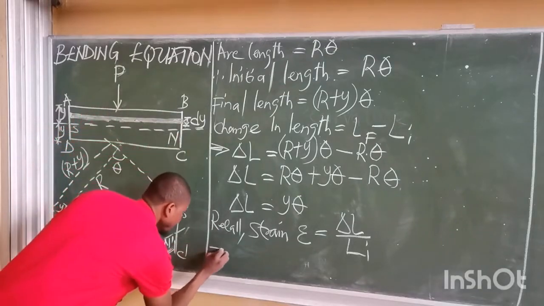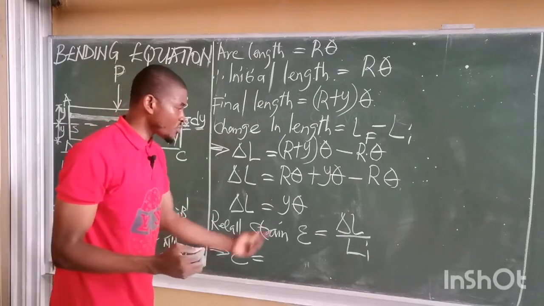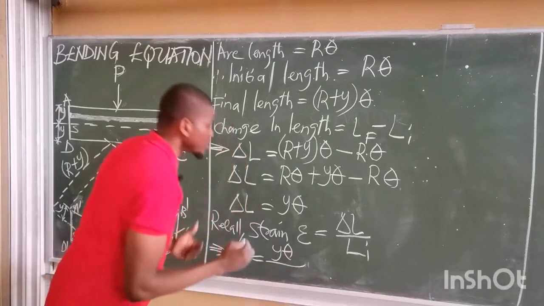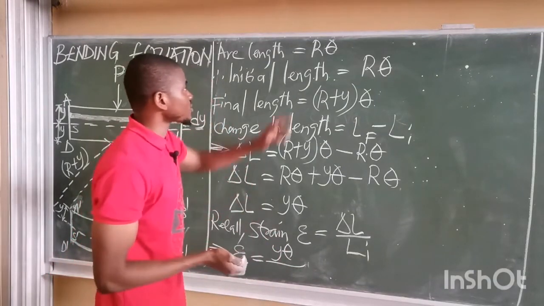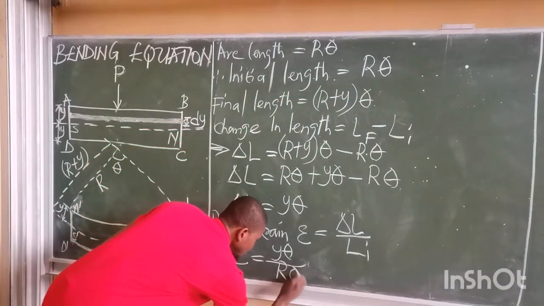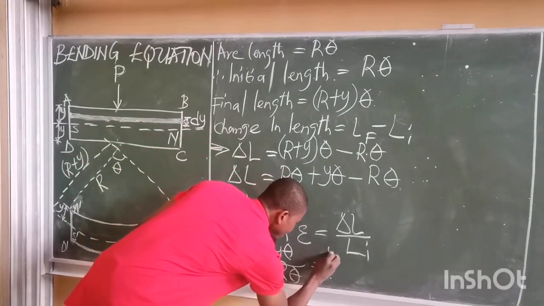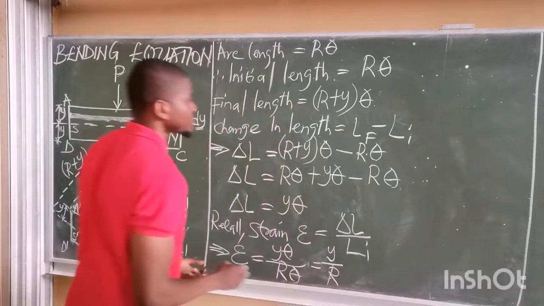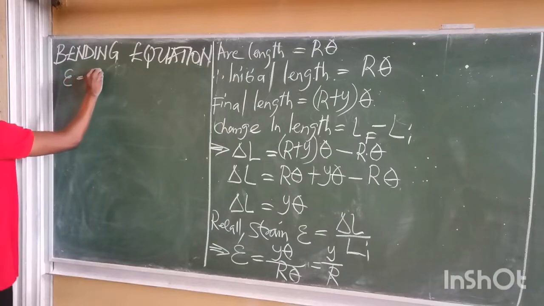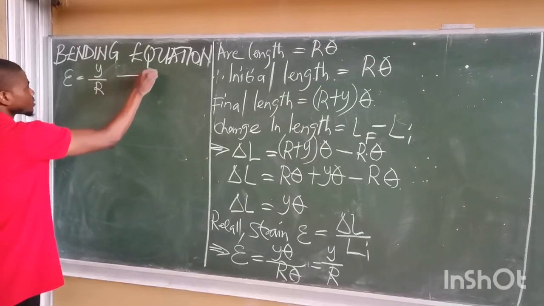Therefore, I can now find strain to be equal to change in length, which we obtained to be y theta, all over the original length or initial length, which was obtained as what? R theta. So notice here that theta can cancel theta. So I'm simply left with what? Y all over r. All right. So strain is simply what? Y all over r. Let's call this equation 1.